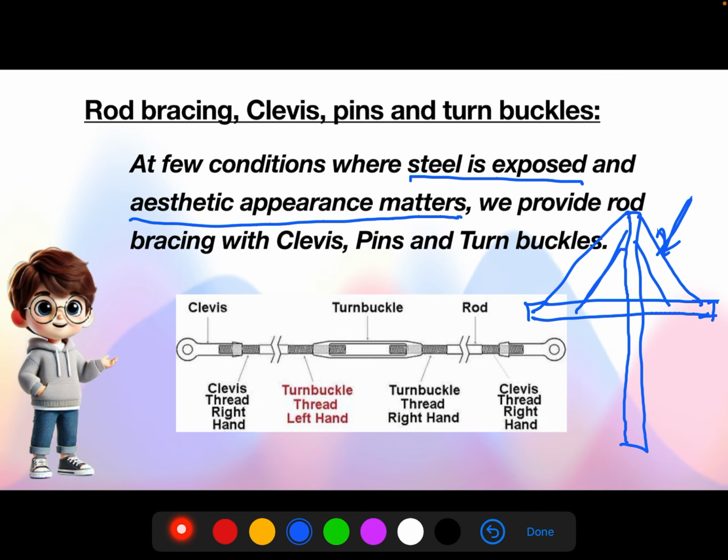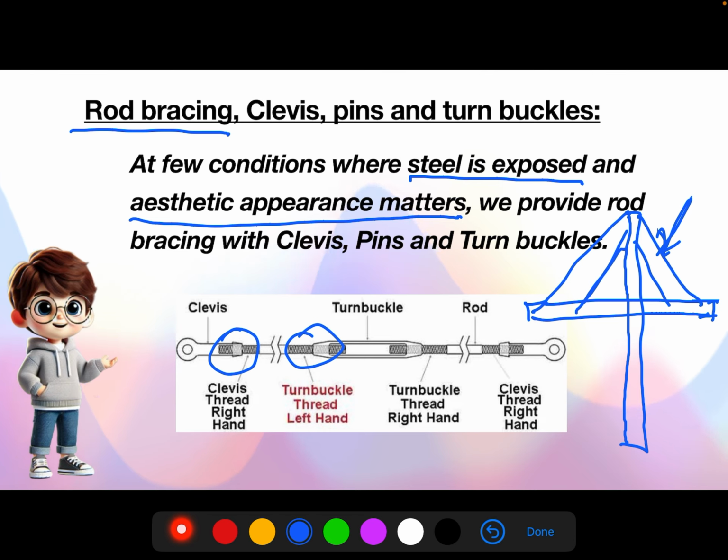So that rod bracing is nothing but a plain rod with threaded portions at both the ends of rod. When we need to connect two rods together, we'll use turnbuckle. Turnbuckle is nothing but it's like a coupler kind of phenomena.